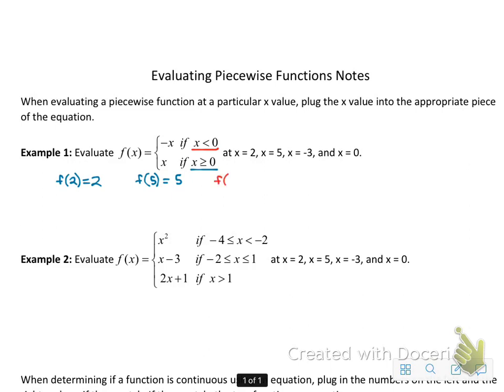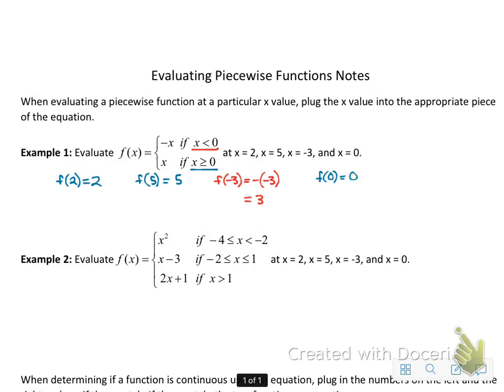So we'll find f of -3, which is negative the number, so I'll plug in -3, which is just 3. So the answer is 3. And then for f of 0, that's still the bottom equation because 0 is greater than or equal to 0. So f of 0 will be 0.